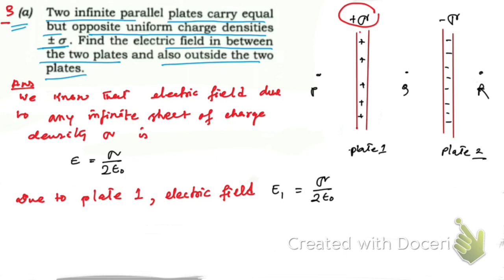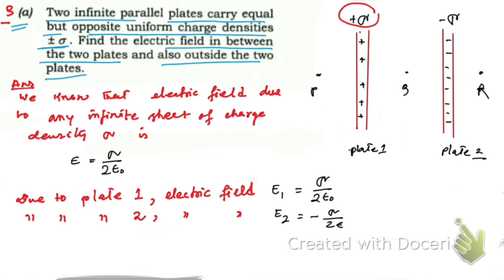Similarly, due to plate 2, the second plate, the electric field E2 will be minus sigma by 2 epsilon naught.